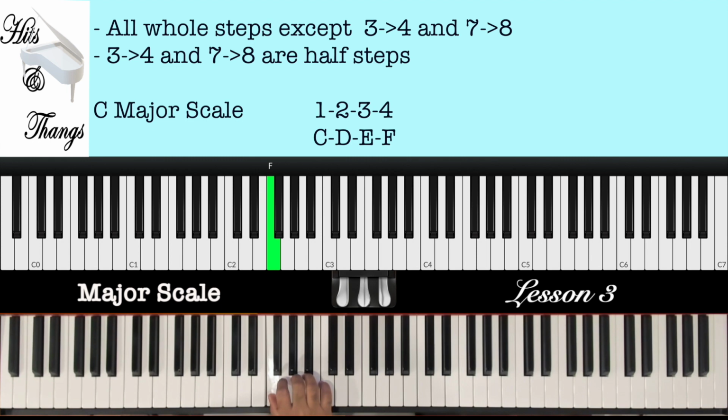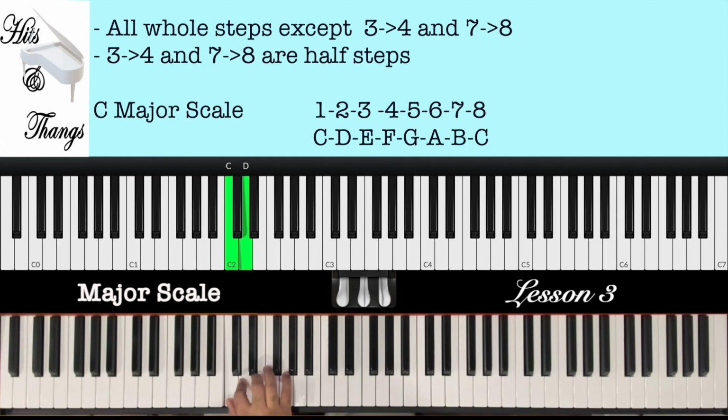And then 4 to 5, whole step, 5 to 6, whole step, 6 to 7, whole step, and then the last one, 7 to 8, half step. Again, C, D, E, F. Between E and F is a half step, 3 to 4. And then F, G, A, B, C. Between 7 and 8, half step.